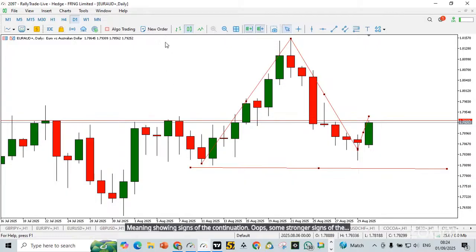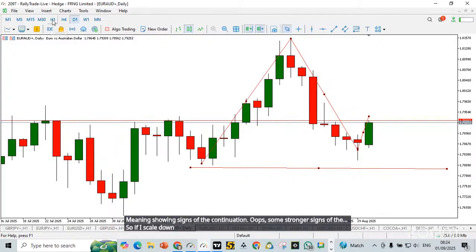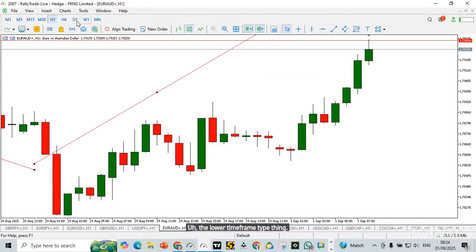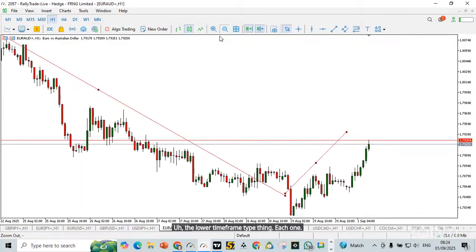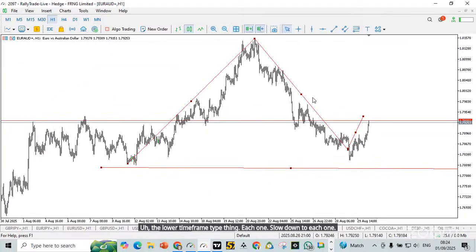So if I scale down to the lower time frame, like the H1, you then see that for all of the pullback of the daily time frame, this downtrend, price has now broken the rule that guides the downtrend, which is that in a downtrend, price is not supposed to go above the last lower high. The lower high is the most important part of the downtrend.